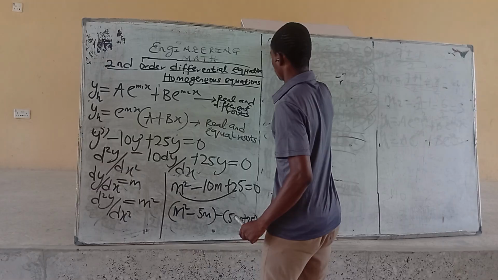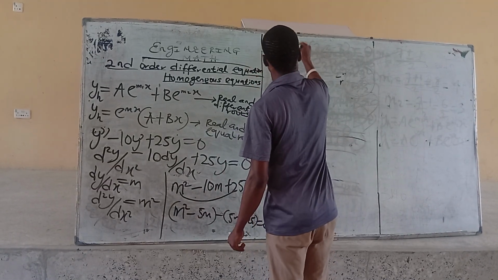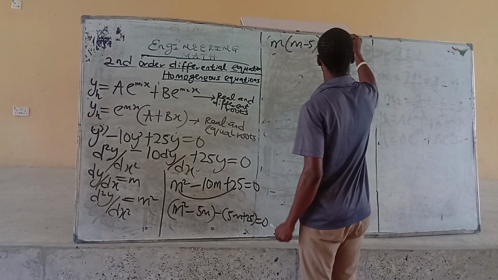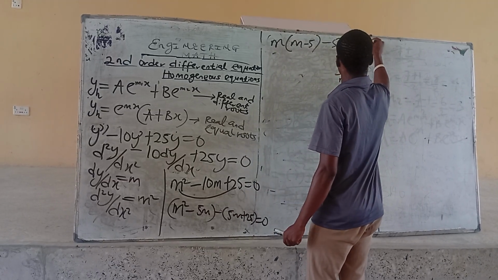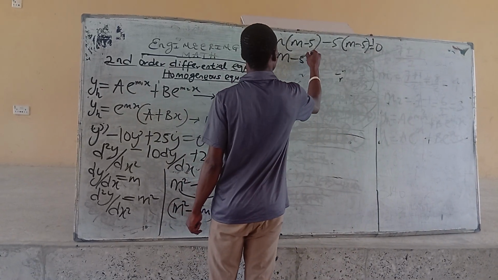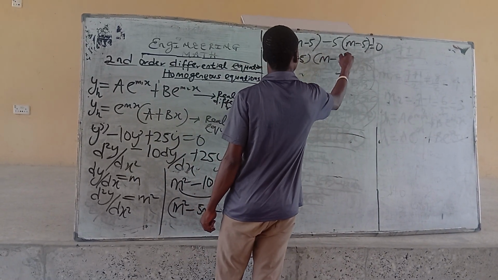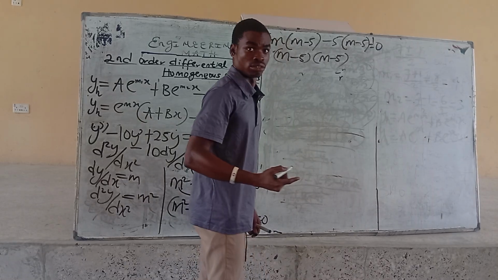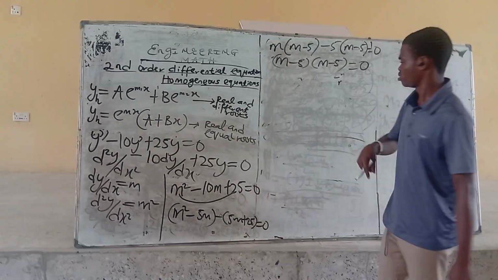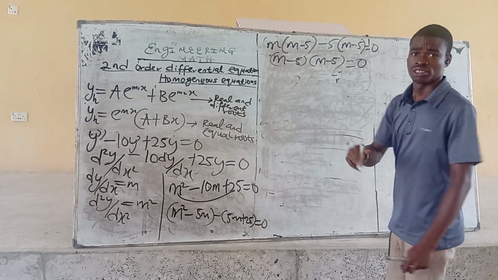Let's factorize it. m is common: m minus 5. Minus 5 is common. So that will be m minus 5, m minus 5 equals 0.